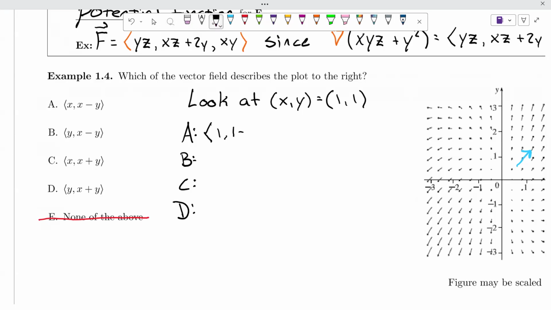Of course, with the new version of OneNote, I don't have access to my erase button anymore. Not super ideal, but I digress. At A, I get the vector 1, 0. Similarly, if I look at B, I'll get 1 and 1 minus 1 again, which will again be 1, 0. C is going to be 1, 2. And D is also going to be 1, 2.